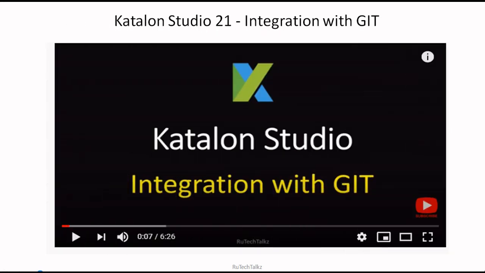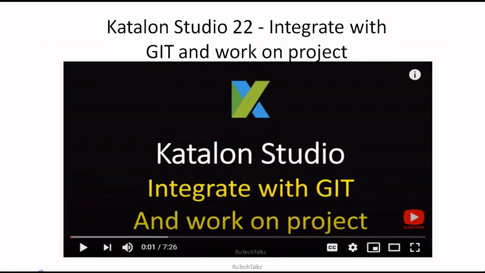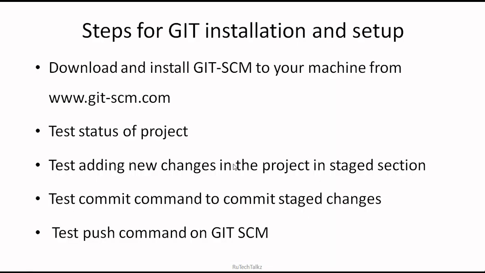To set up and install GitHub, go to my tutorial Katalon Studio 21 Integration with Git. And to learn how to work on a Katalon Studio project with GitHub, go to Katalon Studio 22 Integrate with Git and Work on Project tutorial. I have shared the URLs for both these tutorials in the comments below.